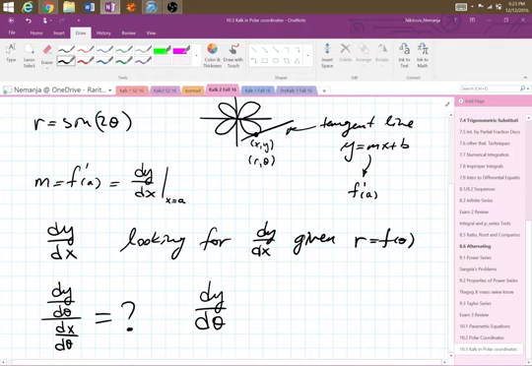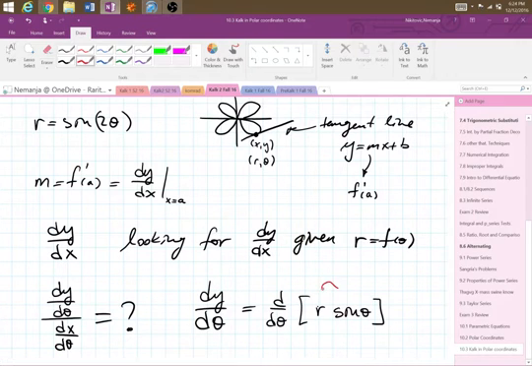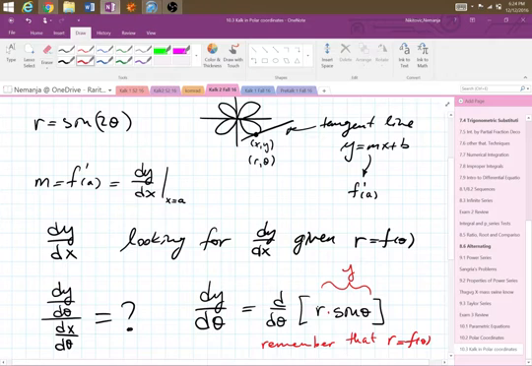But y is r sine theta. So you are differentiating r sine theta. I'm just going to say that the whole thing there is the y from conversion. But now remember, and here I'll write it in blood, remember that r is a function of theta, which means that over here you have a product rule that you have to worry about.